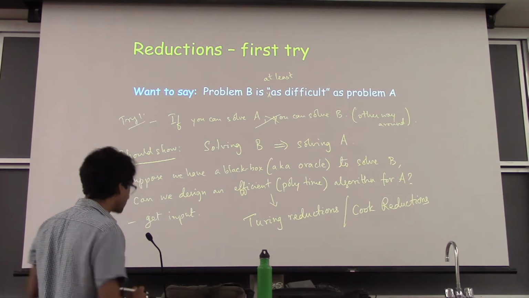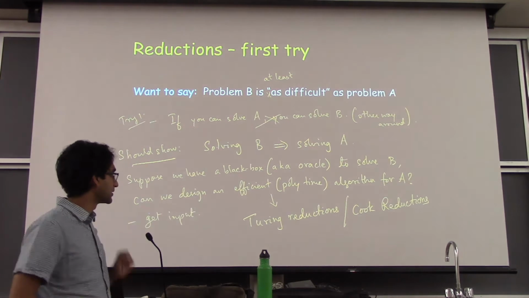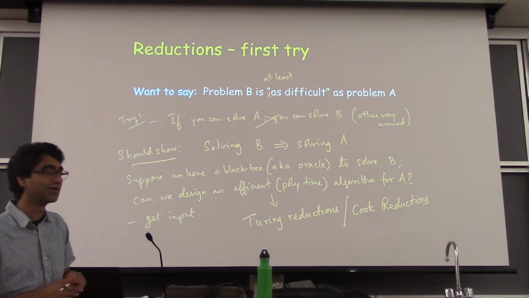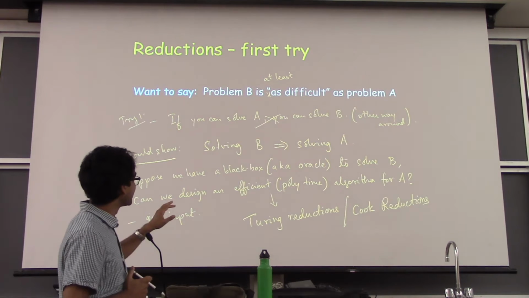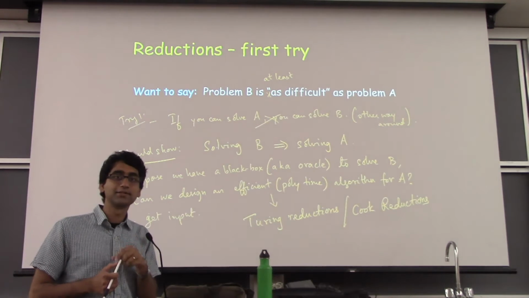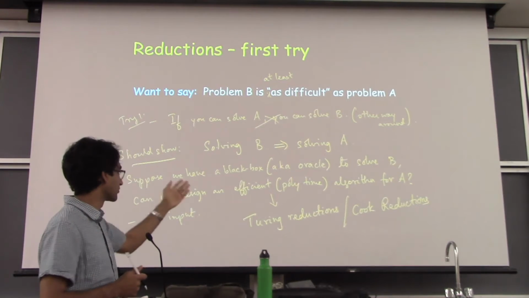Steve Cook is a mathematician, and Turing, of course, is Turing. Both of them studied these kinds of reductions, so these are called Turing or Cook reductions.